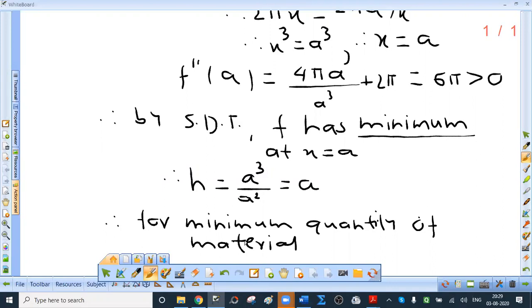Many students just find h equal to a, that's it. So if this sum is asked for 3 marks, they will get only 2. So for minimum quantity of material, the base radius of that cylinder is the same as the height of the cylinder, which is nothing but a centimeter. Write down.